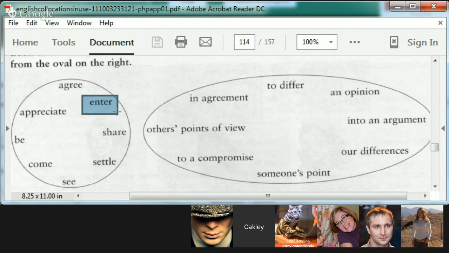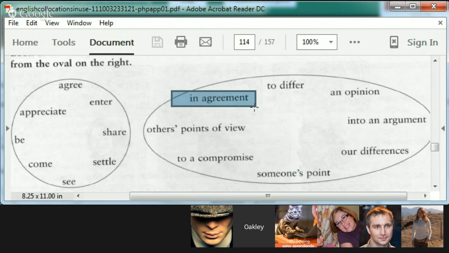And how do you say it? You might have to change the phrase slightly. Enter in agreement. You can enter into an agreement.